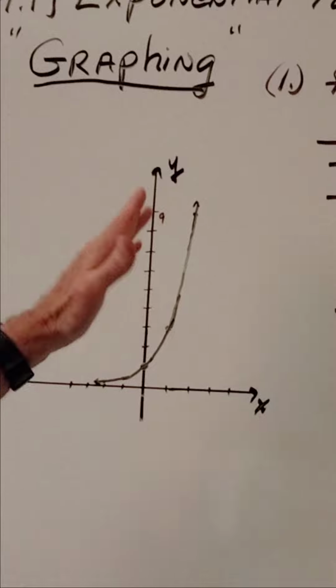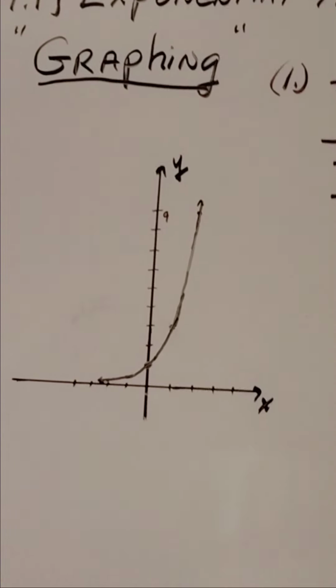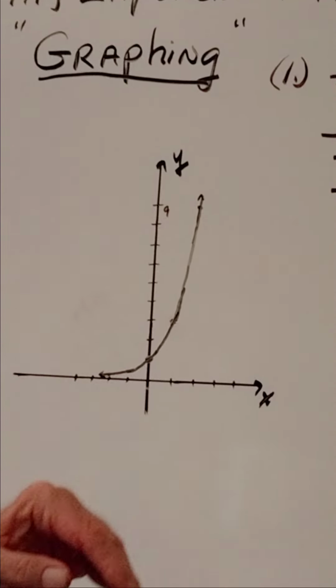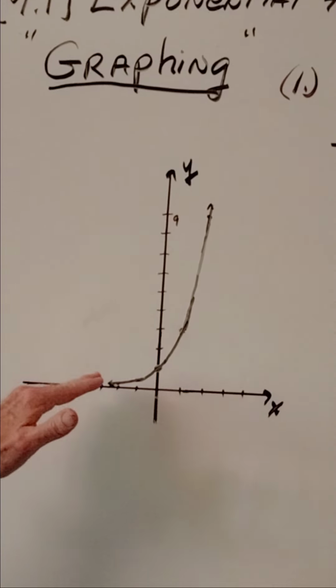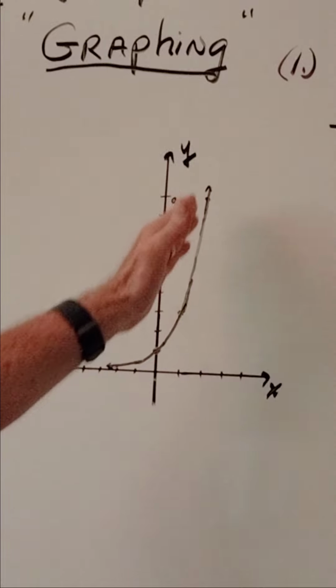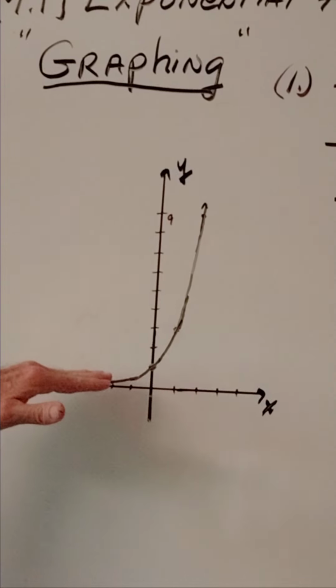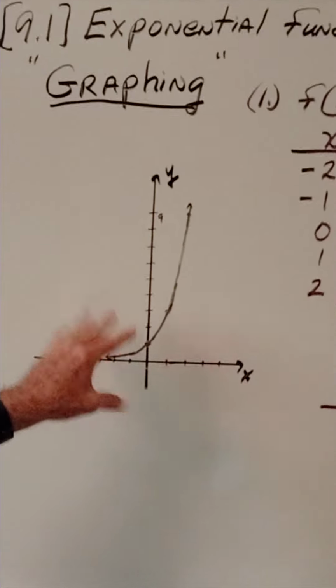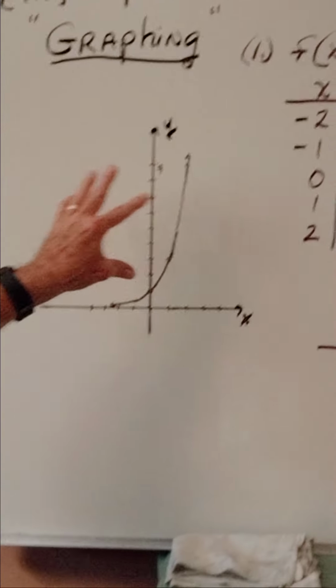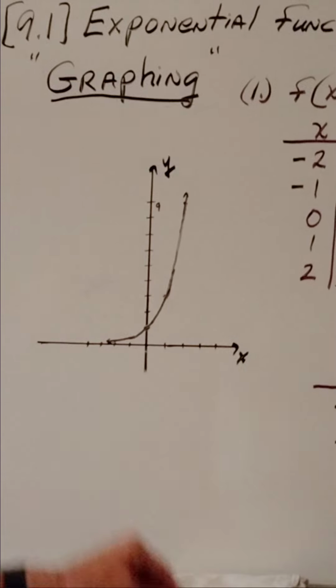Things increase rapidly, or things might decrease rapidly. It's a rapid climb. Sometimes it's very steep, somewhat like this is, or sometimes it can be a little bit flattened out, but this is a typical looking exponential function graph.